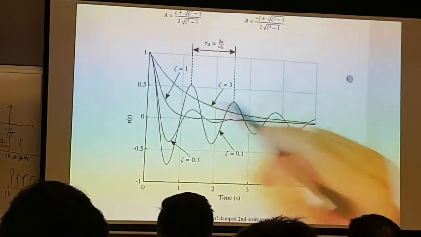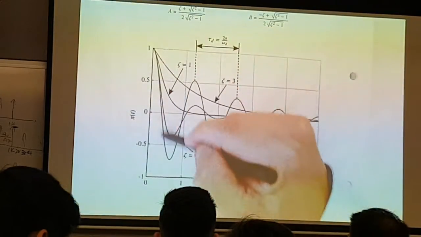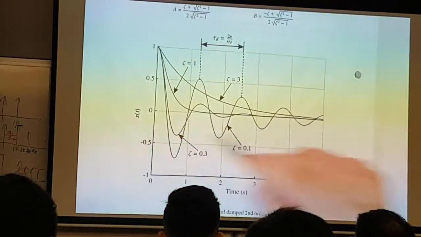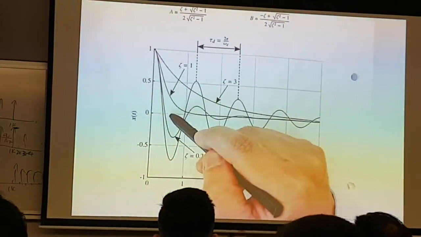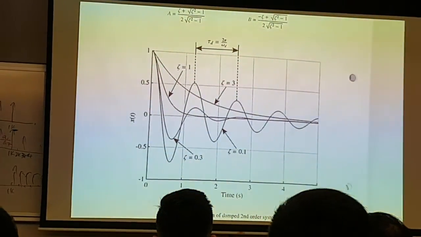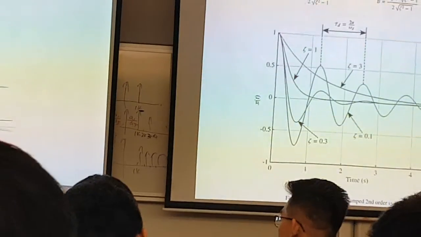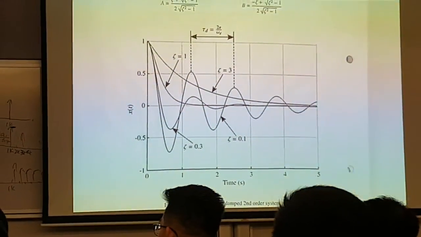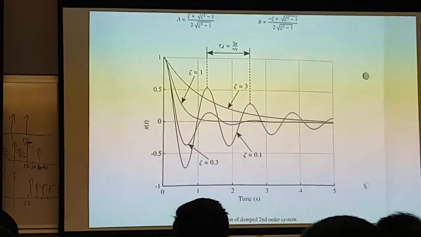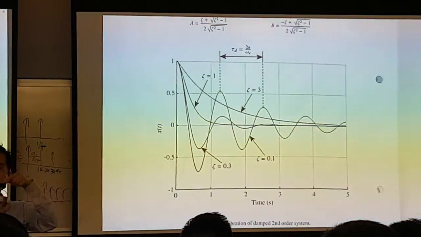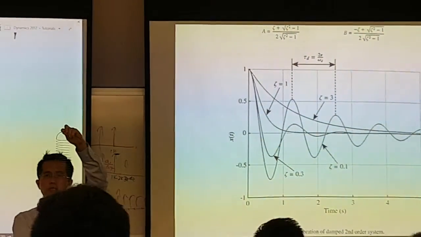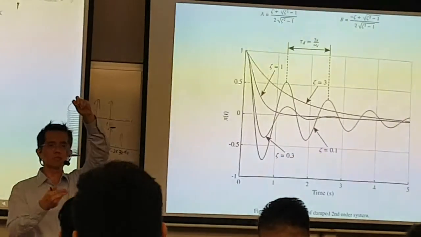For this case over here, it starts from 1 and then it goes about in that sort of oscillation and then finally becomes 0. So what it actually means is that this is a case where there's no mass attached to it. So it's actually a free vibrating string.